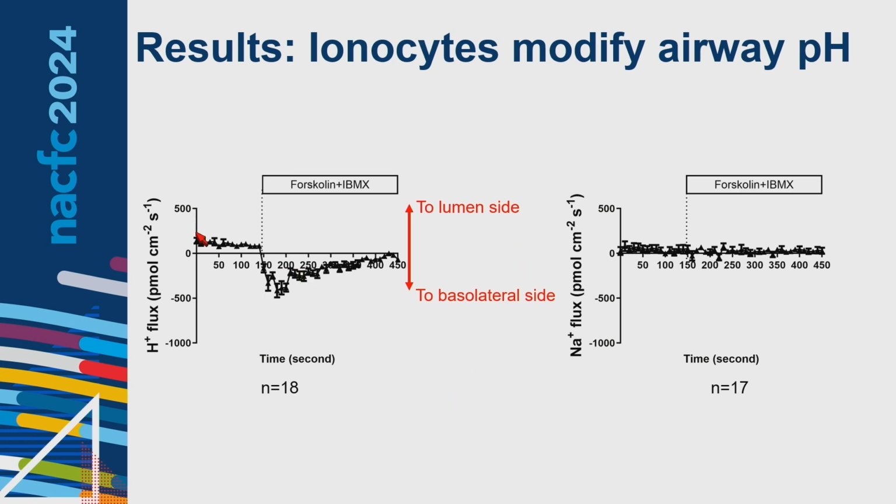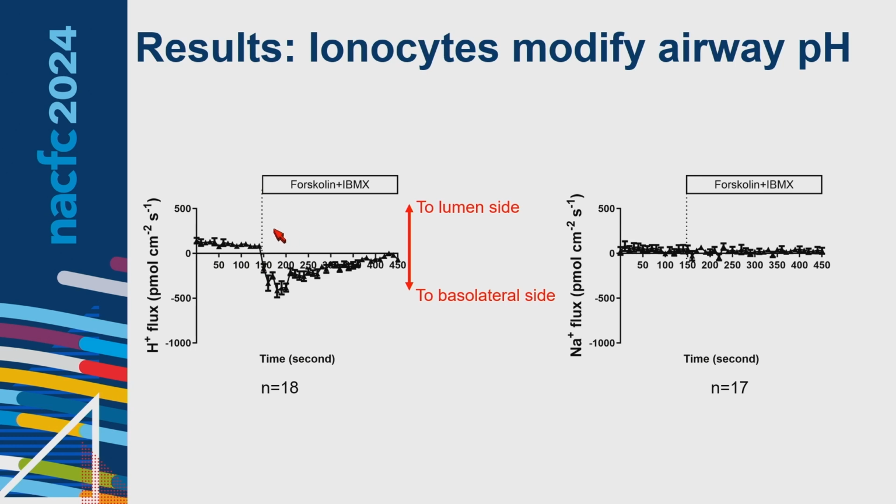The y-axis shows the ion flux, how fast the ion is moving. A positive number indicates that the ion is moving from the basolateral side to the apical side, and a negative number is from the lumen side to the basolateral side. We stimulate CFTR with forskolin and IBMX at time 150 seconds.